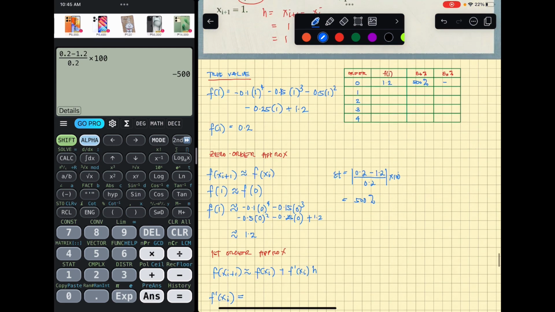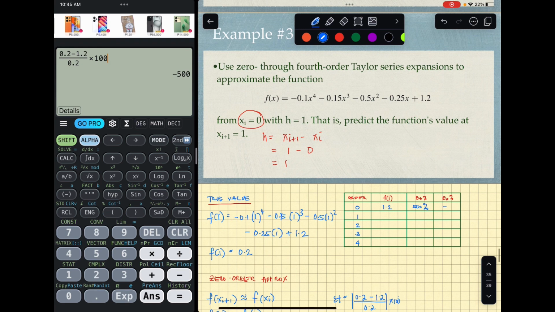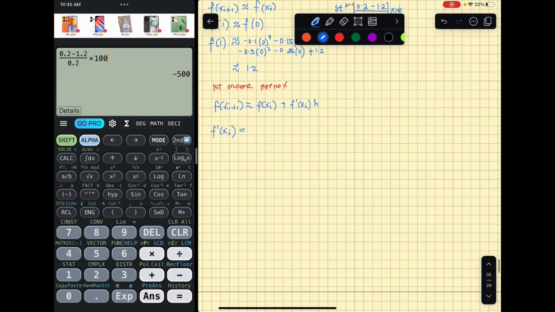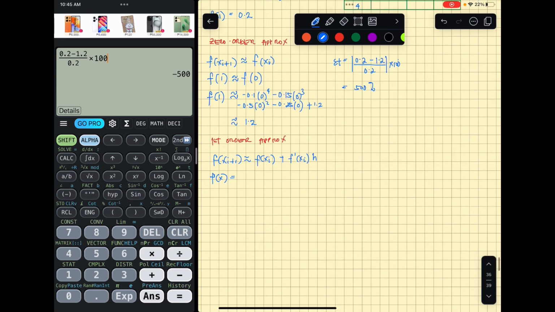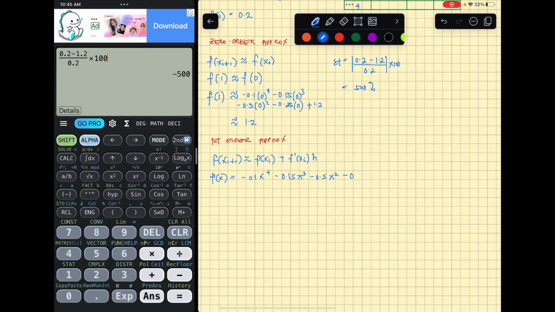Let me write f of x, which is negative 0.1 x to the fourth, minus 0.15 x cubed, minus 0.5 x squared, minus 0.25 x, plus 1.2.